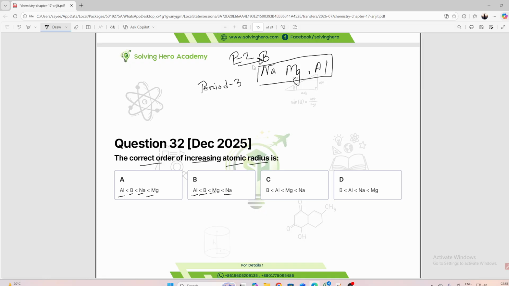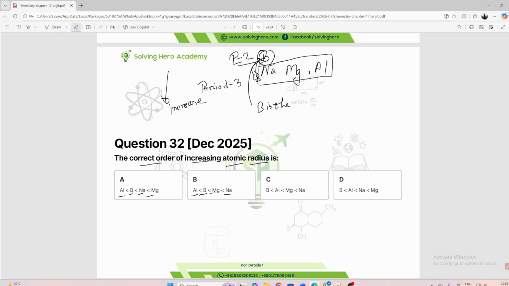At first, look, if we go up to down, period 2 to period 3, the size increases. So if we go from boron to sodium, period 2 to period 3, the size has already increased.